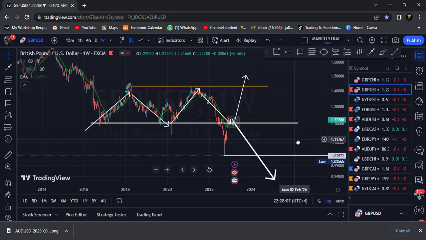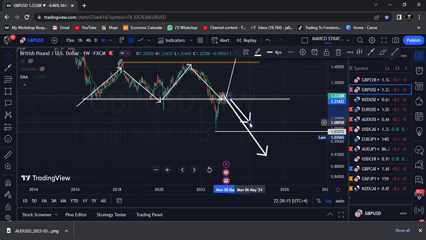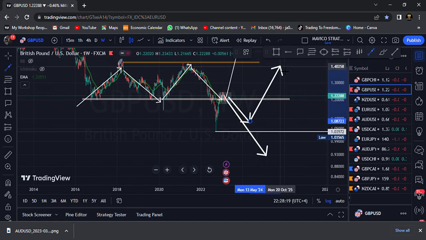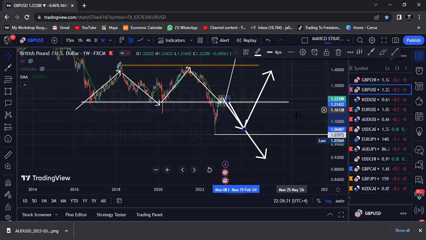Or another thing, it might come down, reach here, and then push up, so as to form maybe a kind of double bottom at this level, and then continue to push up.